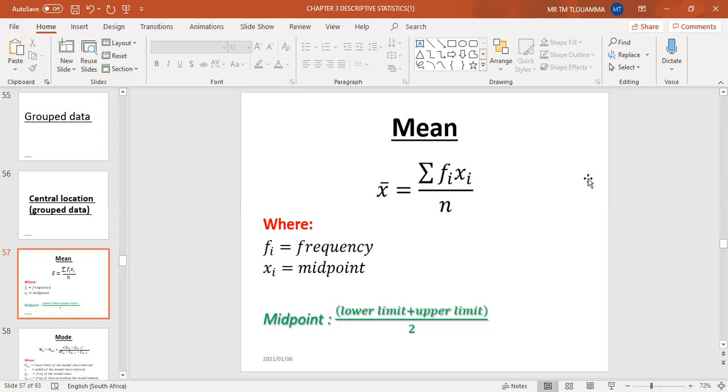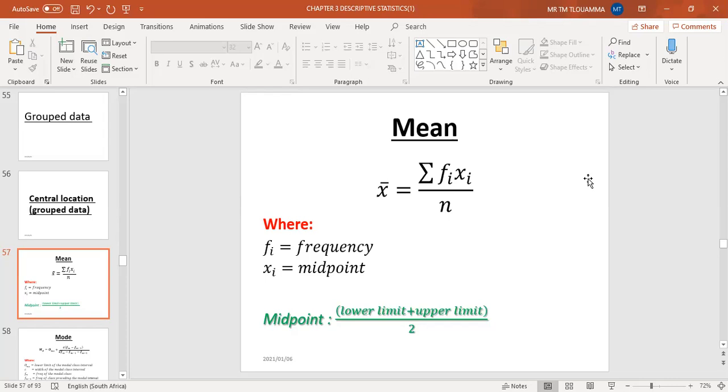So if we check the first one, it says 100 up until 200. When we find the midpoint, we say 100 plus 200 divided by 2, then you find your midpoint. The second one, 200 to 300, you say 200 plus 300 divided by 2, then you find your midpoint.